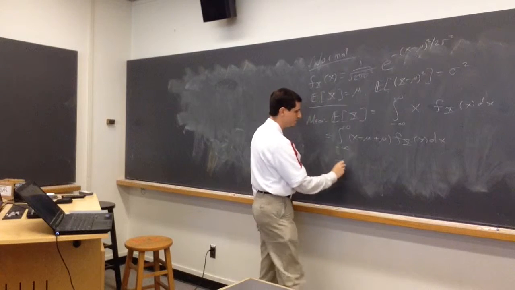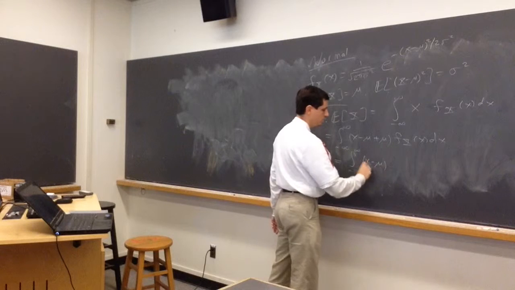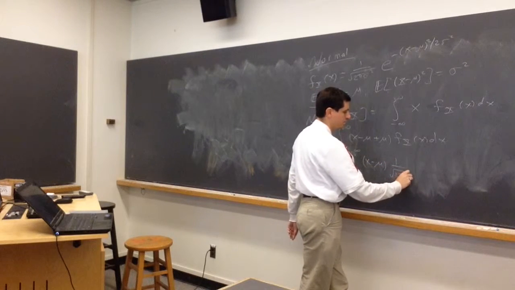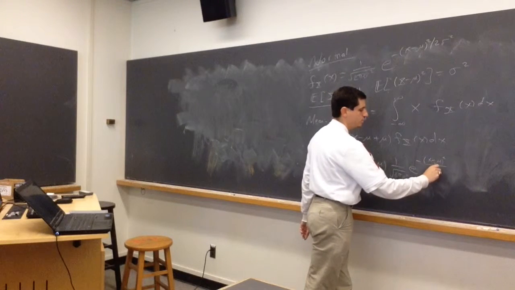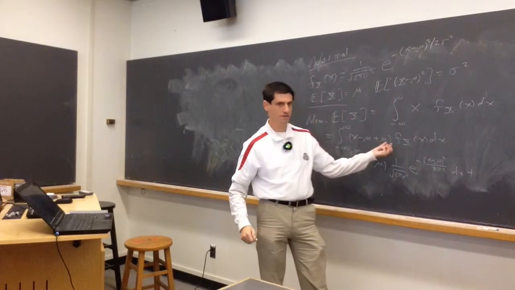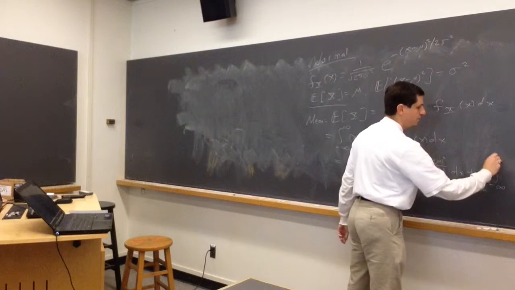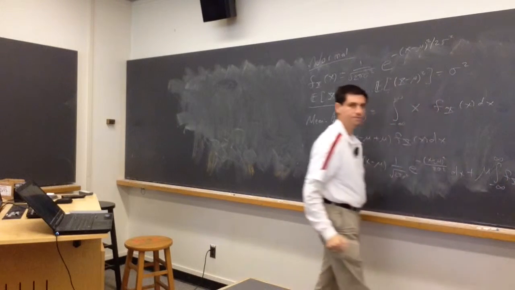And then we can split this into the integral from minus infinity to infinity of (x minus mu) times 1 over the square root of 2 pi sigma squared, e to the negative (x minus mu) squared over 2 sigma squared dx, plus, this is a constant, so it just comes outside, mu times the integral from minus infinity to infinity of f_X(x) dx.